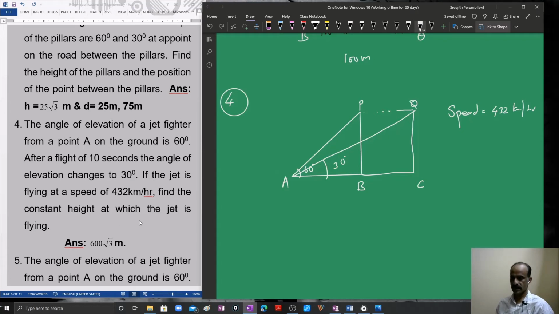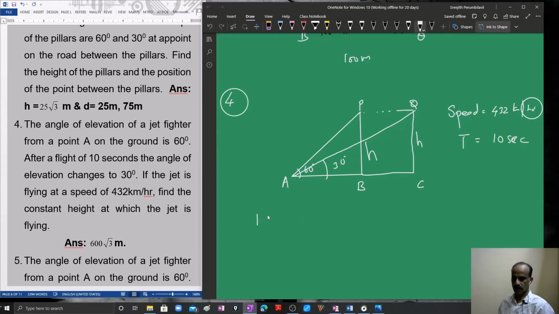Find the constant height at which the jet is flying. That means we have to find the height PB or QC. Now the speed is 432 km per hour, and the time is given to be 10 seconds. So the speed is there, time is there. We can find out this distance, but the problem is kilometer per hour, and this is seconds.